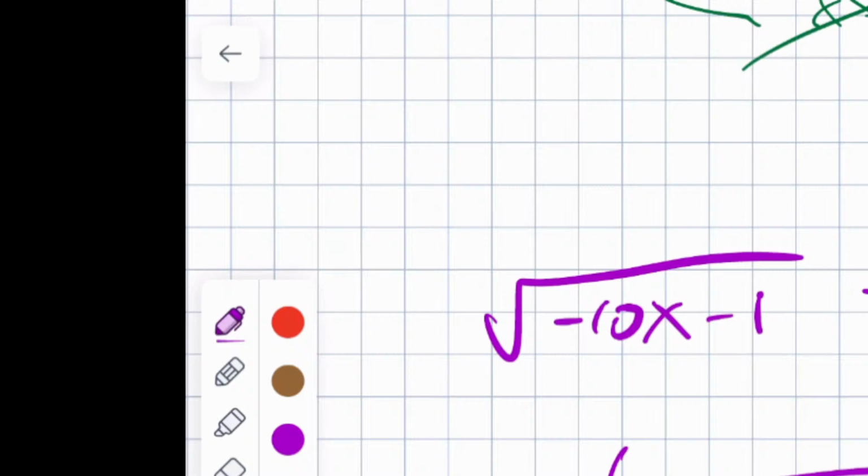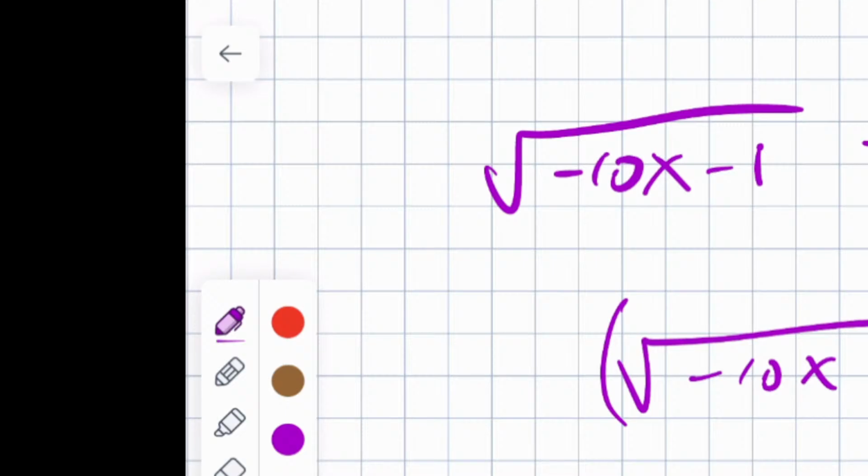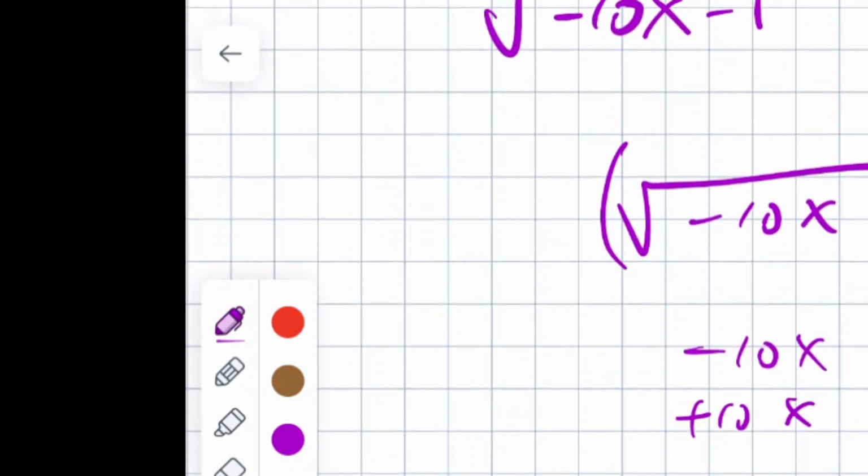Is that okay? Now we can factor it. It's going to give you 9x plus 1 and x plus 1. If I use the box method, then x equal to negative 1 over 9 and x equal to negative 1.